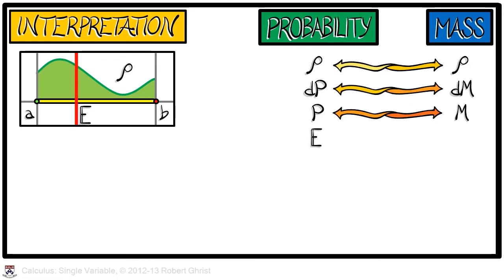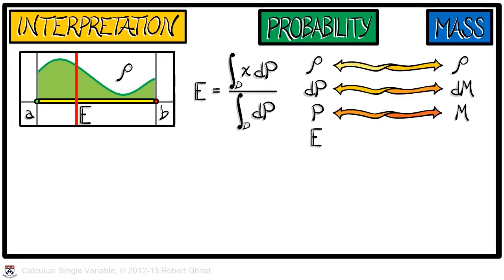Now, let's consider the expectation that we have just defined, E. What is that? That's the integral of x dp. Now, of course, by the definition of a PDF, this is really the same thing as the integral of x dp over the integral of 1 dp.